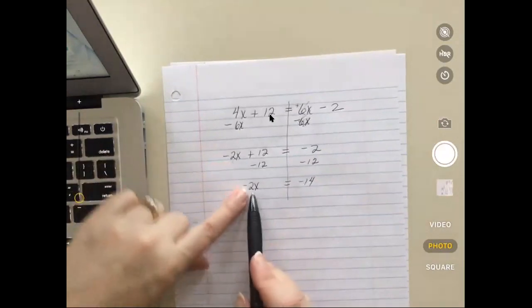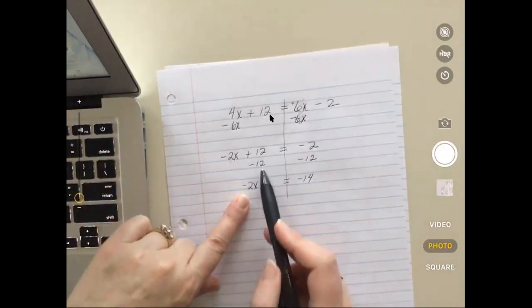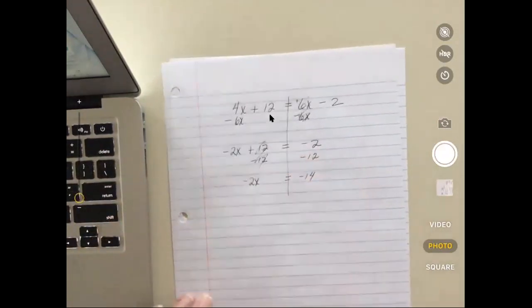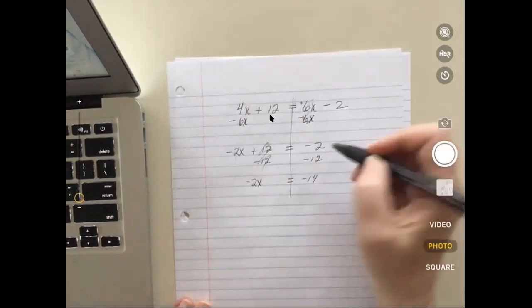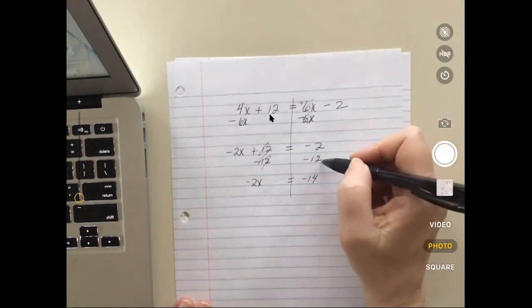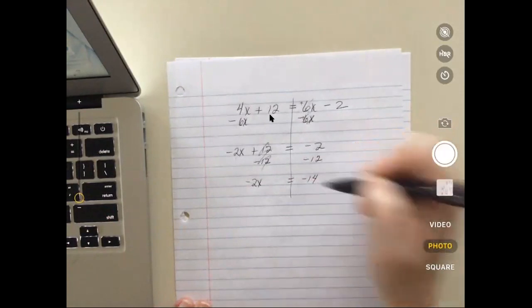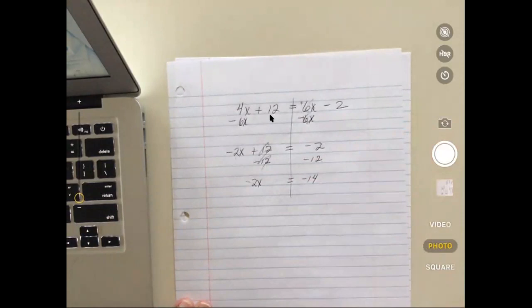There's the -2x. The plus 12 and the minus 12 are gone because they make 0. That's what I wanted to happen. Over here, -2 minus 12, that's -14. And now I'm to the last step.